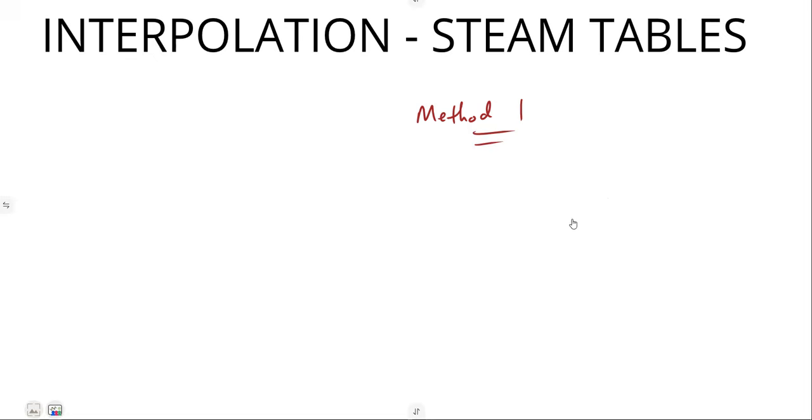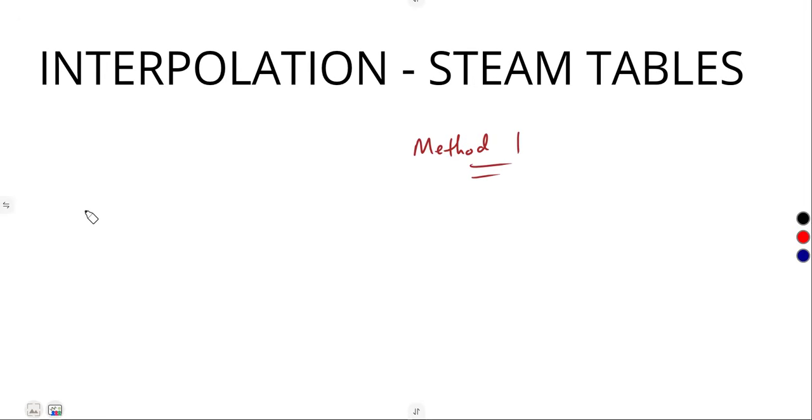So it is a condition where we are given a pressure that is not available in the steam tables, so adjustments can be made from that.